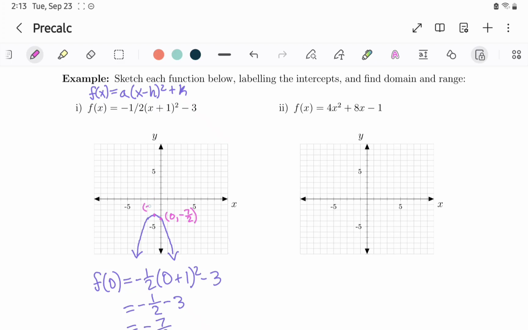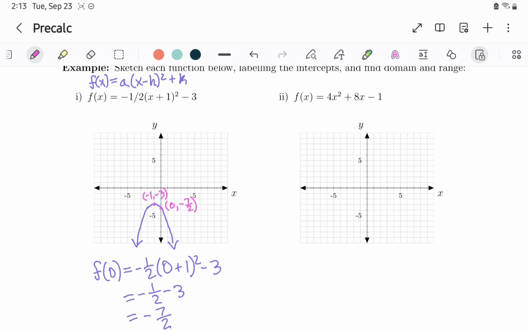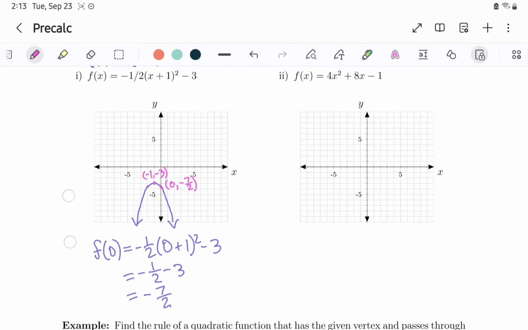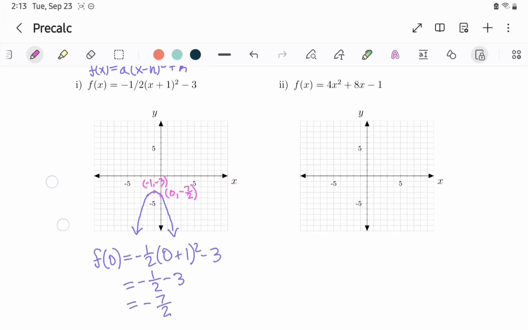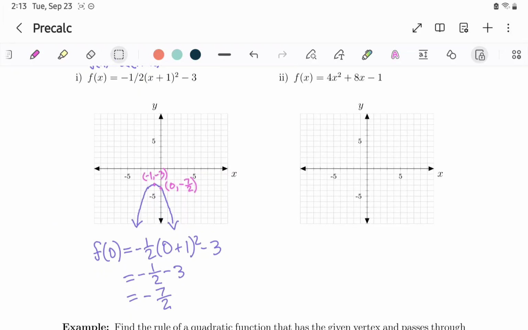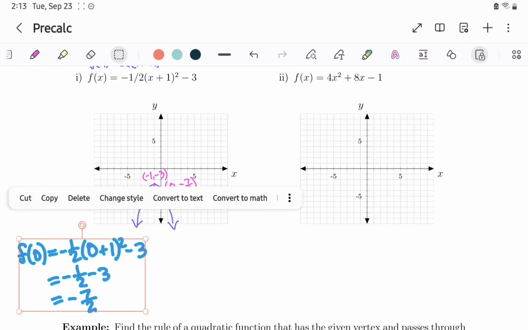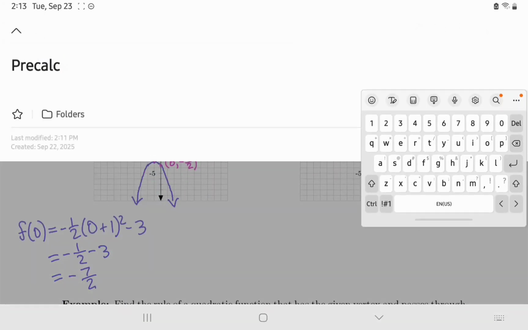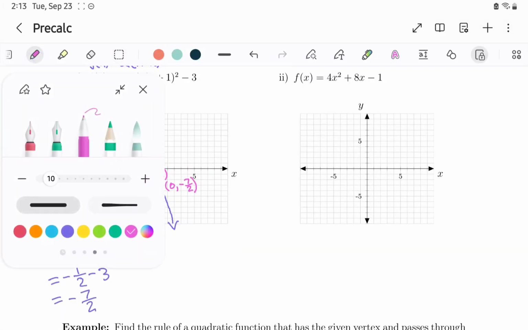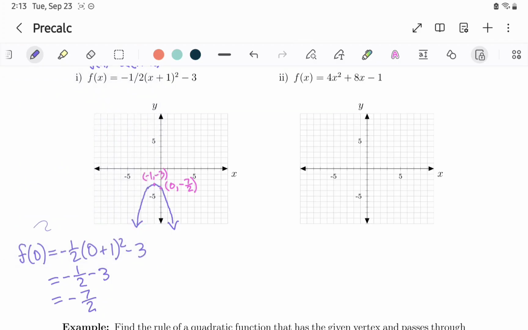So this is going to be (-1, -3). Okay, and then we already said the domain for all quadratics is going to be all real numbers. So this was for our y-intercept.